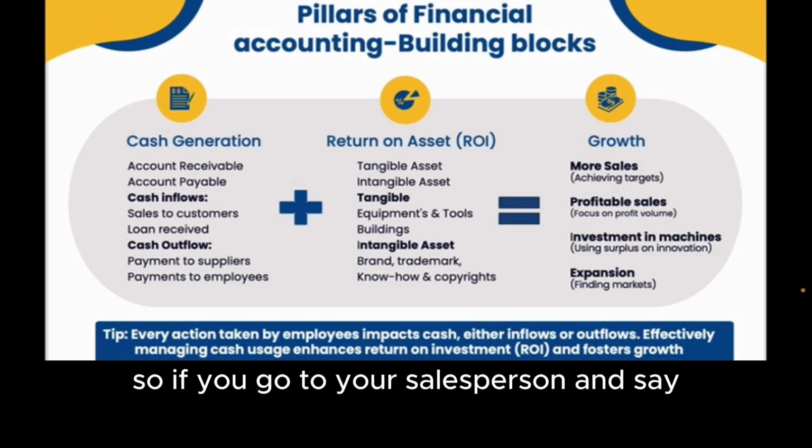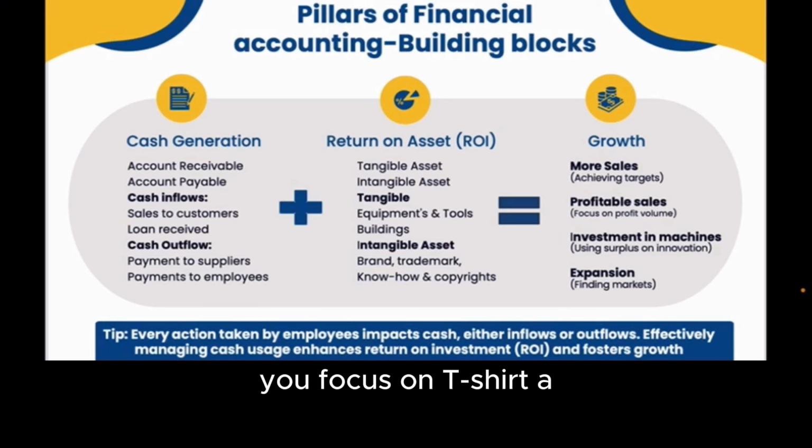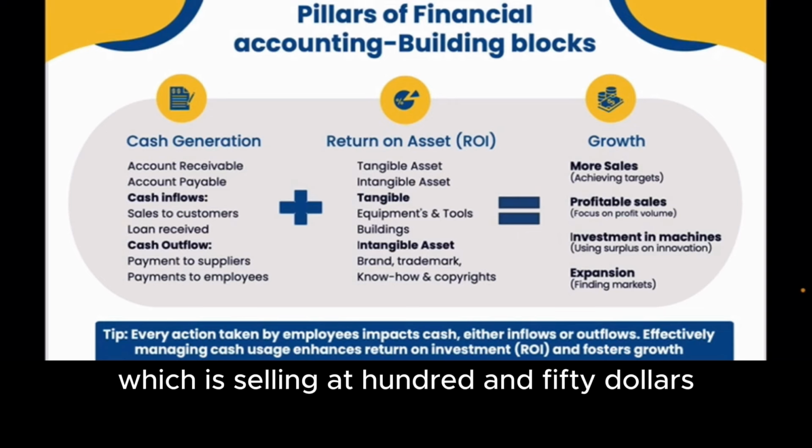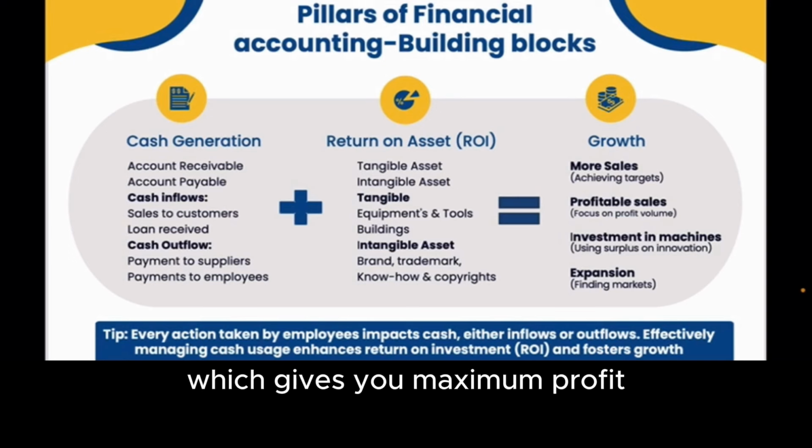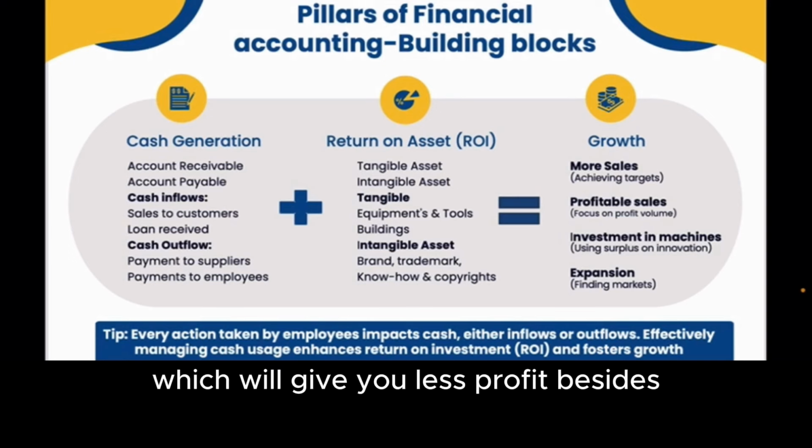So if you go to your salesperson and say, focus on T-shirt A, which sells at $150 and gives you $50 profit, then you will focus on selling the product which gives you maximum profit rather than the product which gives less profit.